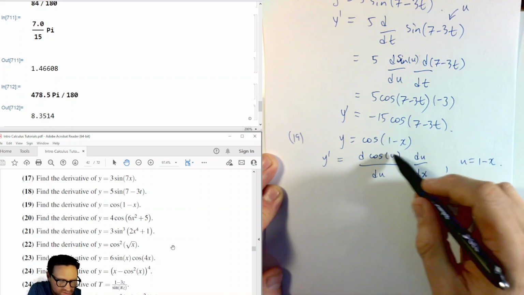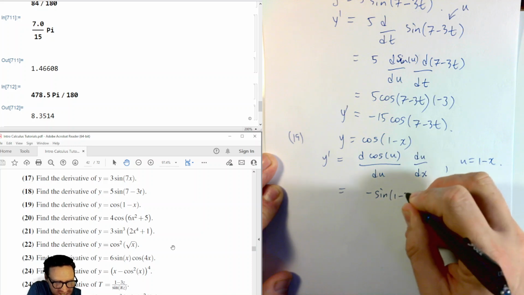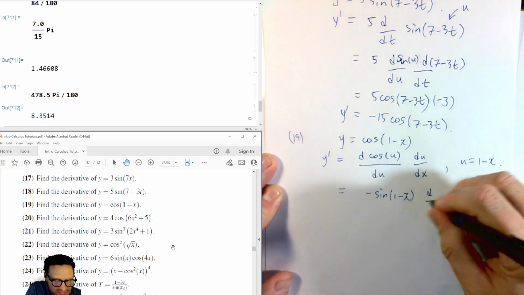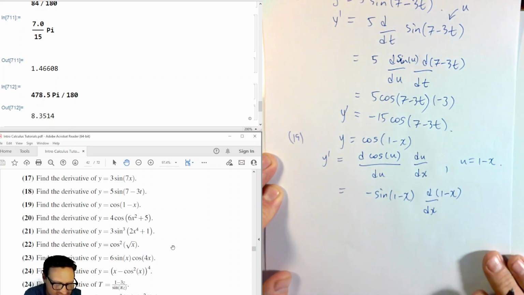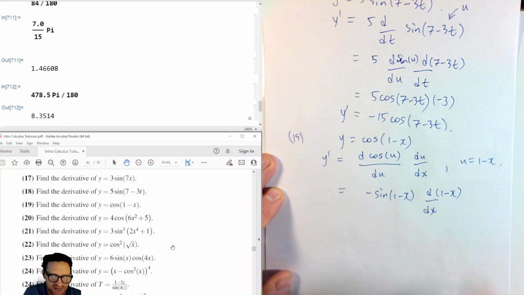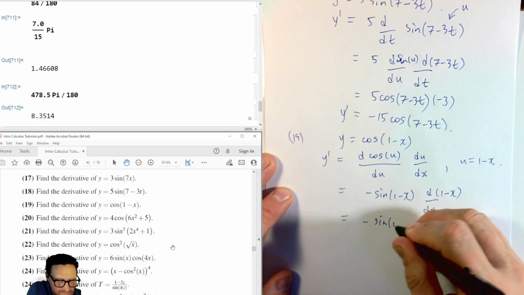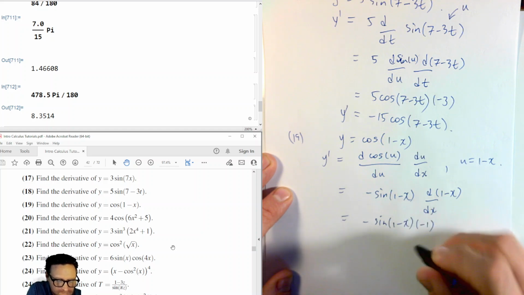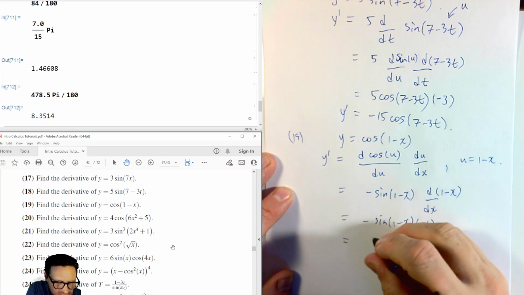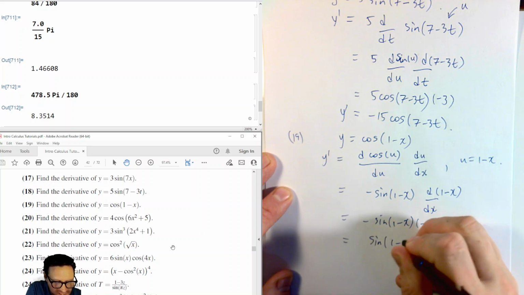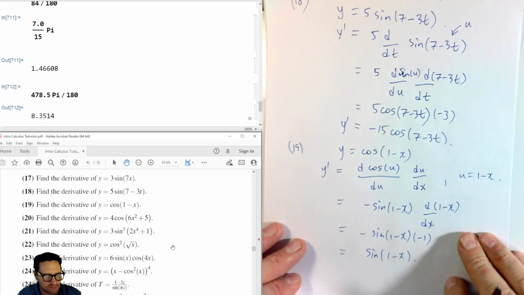This derivative is minus sine, so minus sine of u, but u is 1 minus x. And then du/dx is the derivative with respect to x of 1 minus x, which is minus 1. So let's bring the minus 1 over with this one, and so we get plus sine of (1 minus x). Great. Let's do question 20.